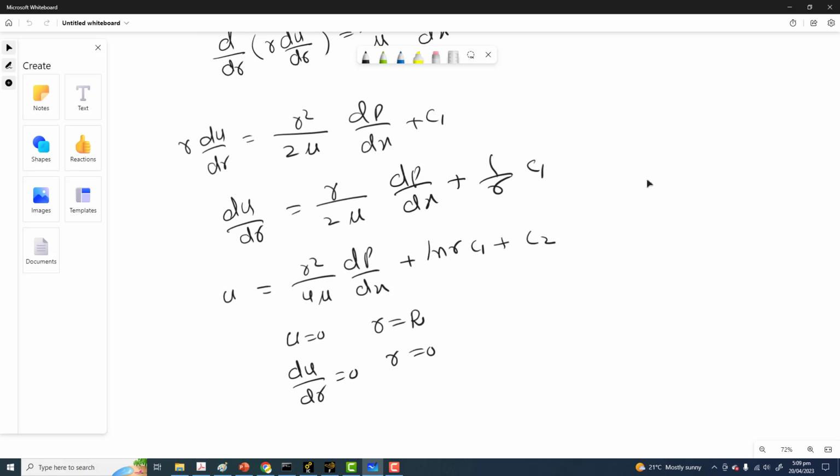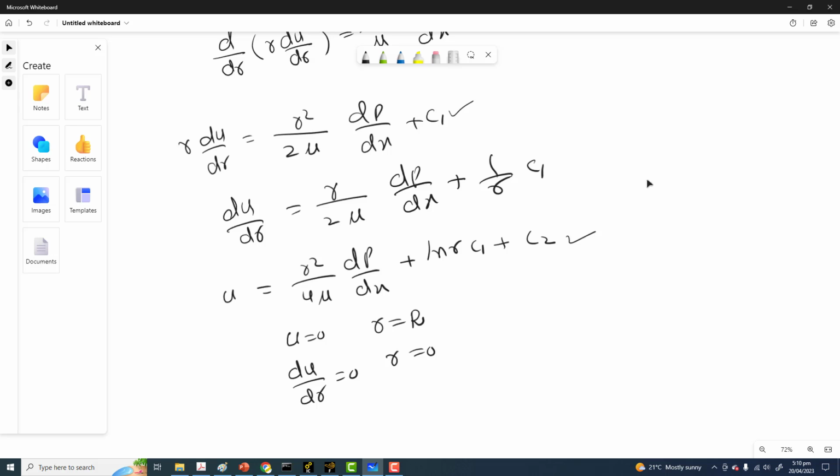We apply the boundary conditions to the first one and not to the 1/r term, because it would be some unknown, undetermined number. So we apply the first boundary condition, u = 0 at r = R, and the second, du/dr = 0 at r = 0.